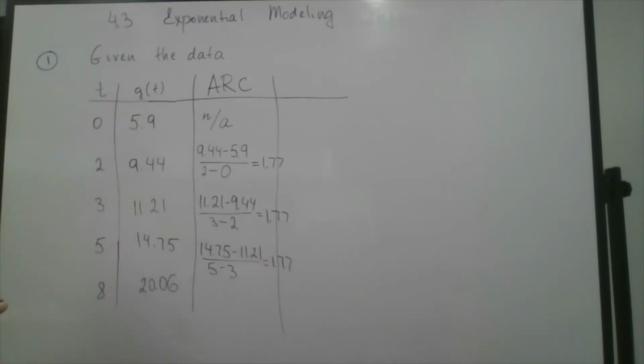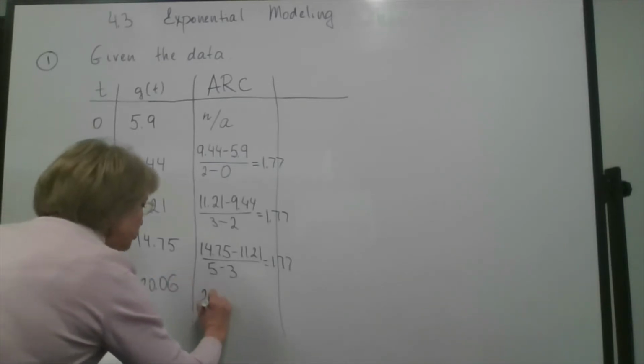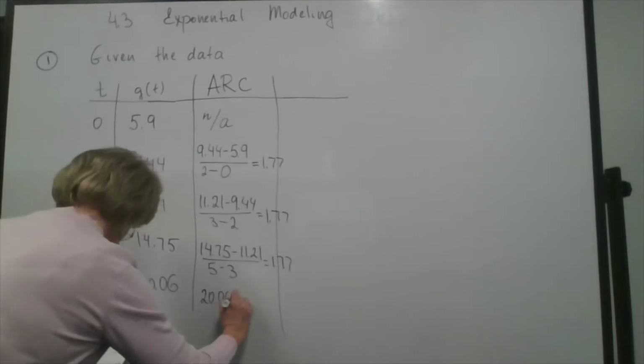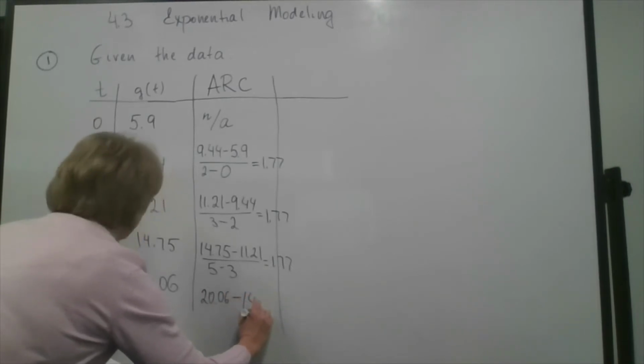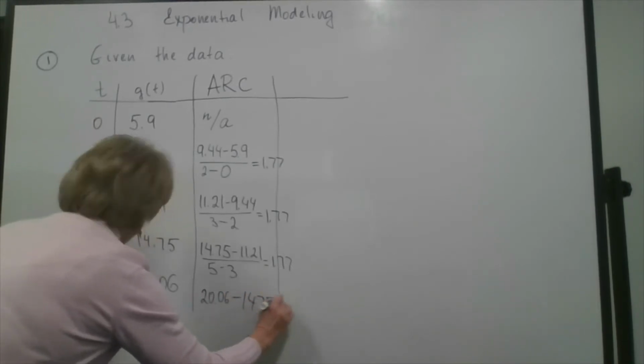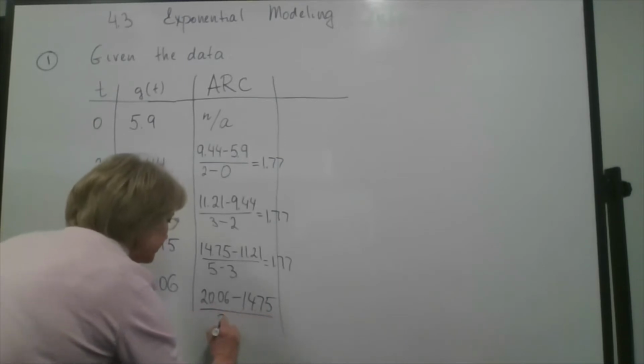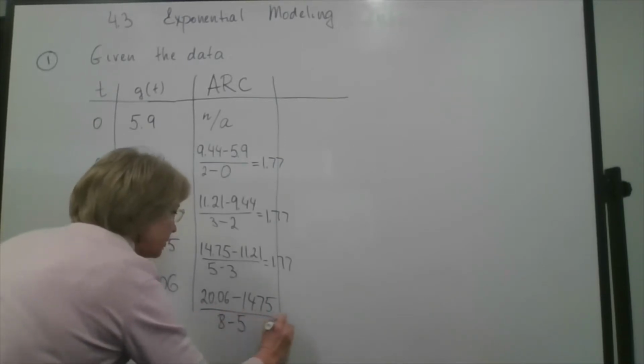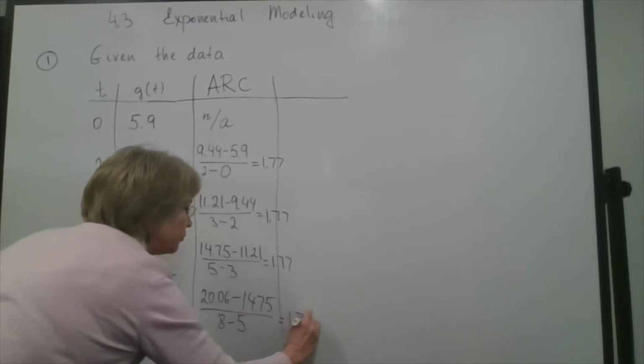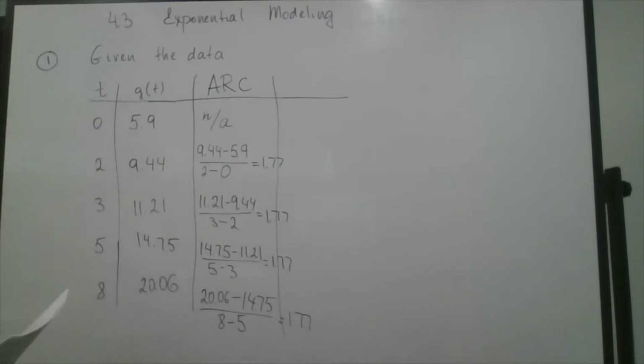And the last average rate of change that we need to find out is 20.06 minus 14.75 over 8 minus 5. And again, it will be 1.77. What do you see?